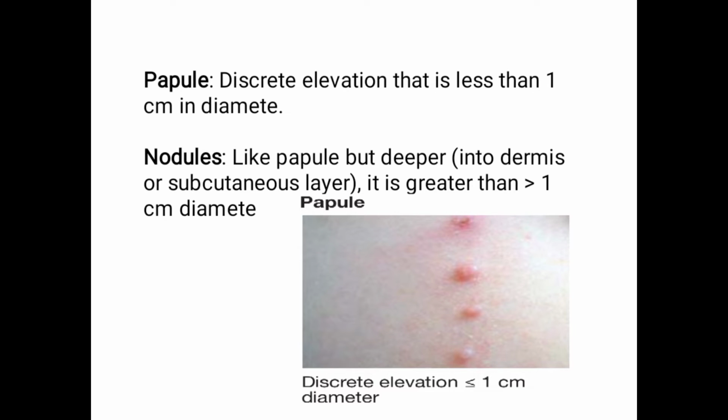Then when it is greater than 1 cm, we call it a nodule. For example, a pimple is a papule because it is below 1 cm. Then a lipoma is a nodule because it's greater than 1 cm with a color change.